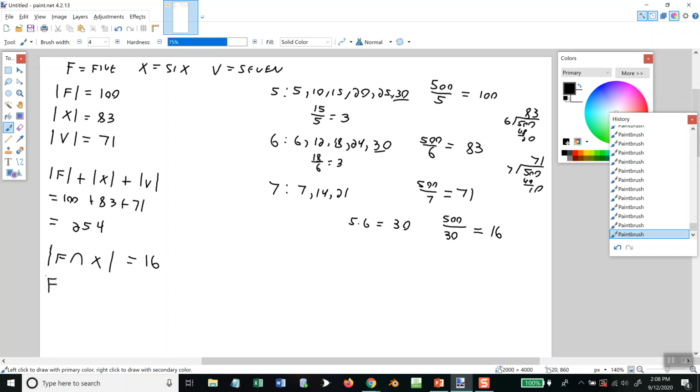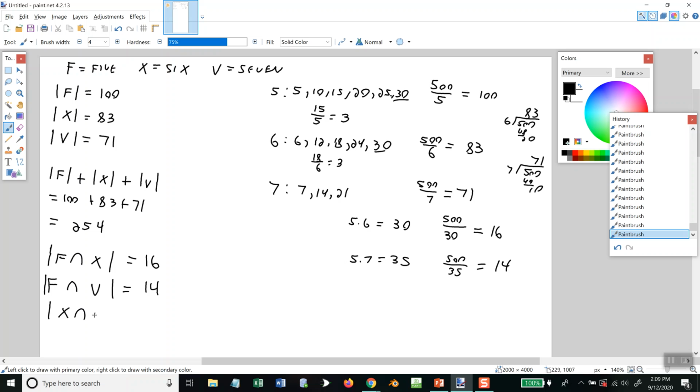If I do the cardinality of the intersection of F and V, so 5 and 7, well, 5 times 7 is 35. If I take 500 divided by 35, that gives us 14.28, so again I drop the decimals and get 14. What's the one I'm missing?